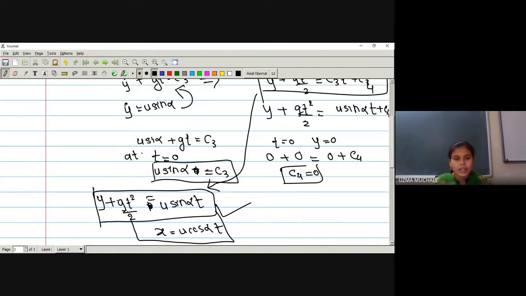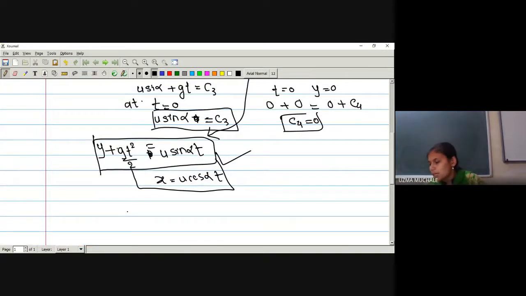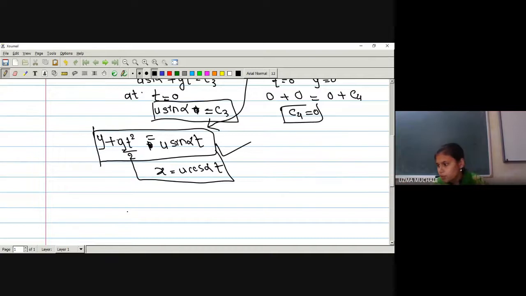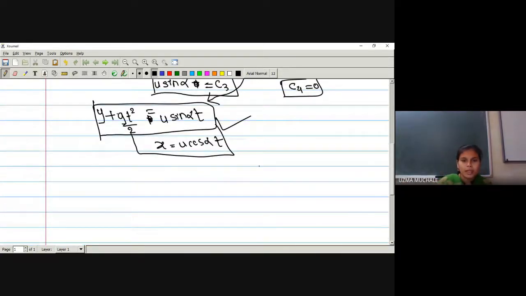Or in another way, if you want to combine these two equations, you can write up to this also in the exam. Or you can find the value of t from this equation: t is x upon u cos alpha. Now put this value of t in the y equation.